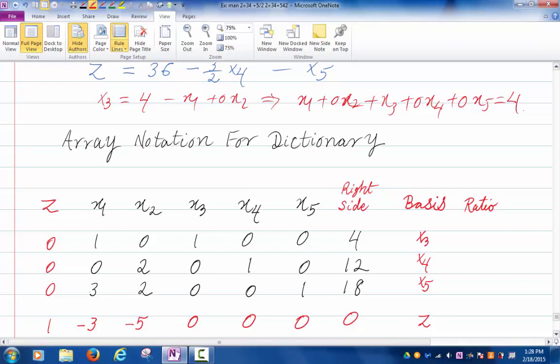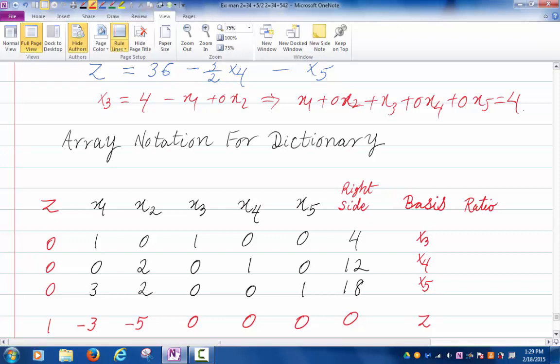Basis, because now if I write it in this array notation, I have to keep in mind what is my basis, right? Well, what's the basis? The basis right now is x3, x4, x5. I can tell from the table what is the basis. How? Basis means the variables for which there is only one non-zero entry below that, and that is 1.